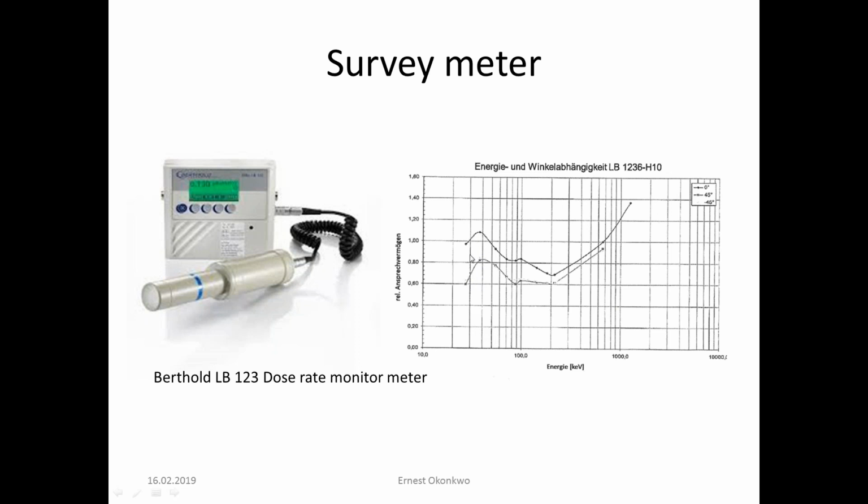So you want to make sure that you are holding the probe the right way in order to do your measurements. Also, this probe measures energies from 30 kilo electron volts, and for iodine 125, we have an average energy of 27 kilo electron volts. So this has to be taken into consideration as well.